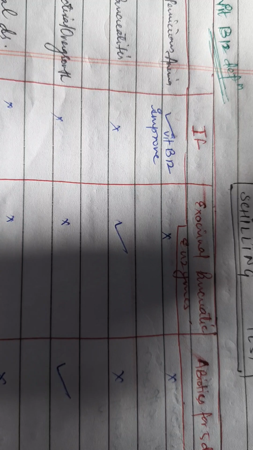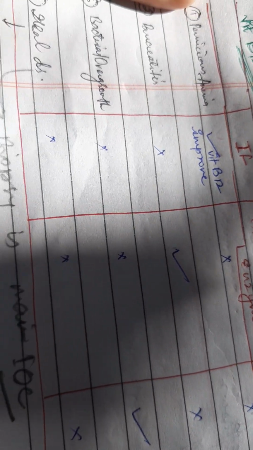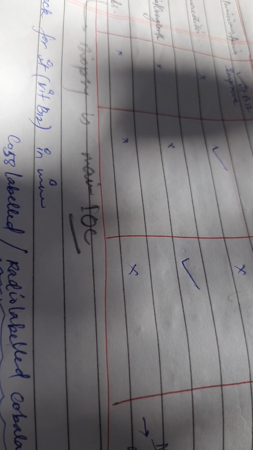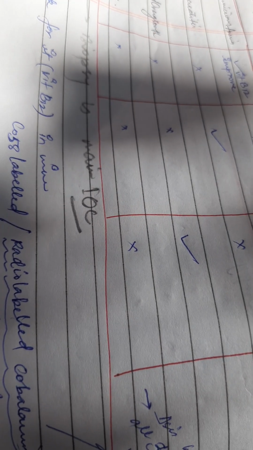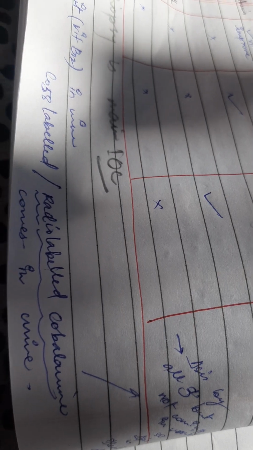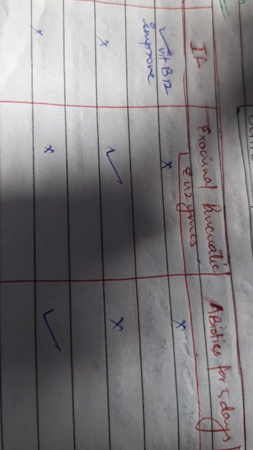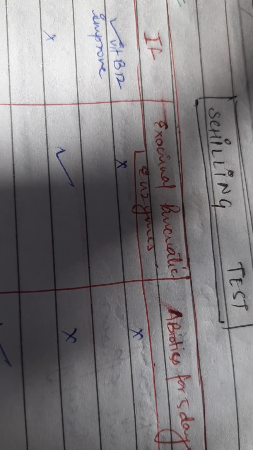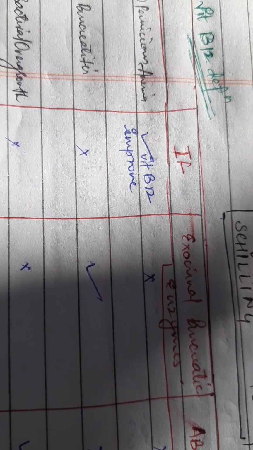If vitamin B12 improves, we check by radio-labeled cobalt 58 cobalamin coming in urine. If this radio-labeled cobalamin comes in urine, then he has pernicious anemia.